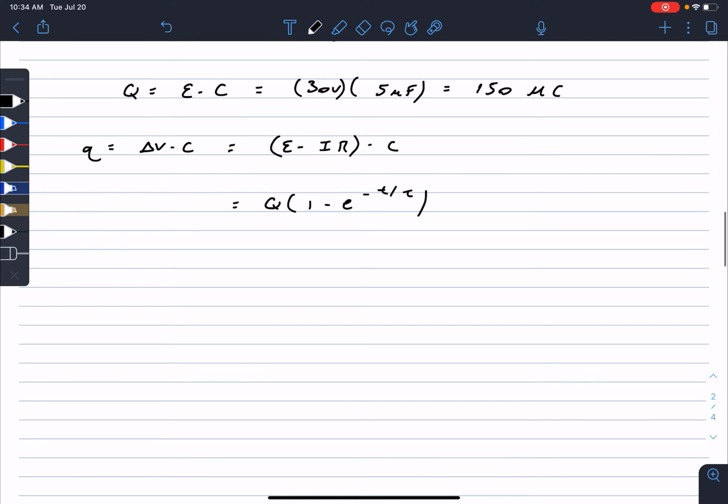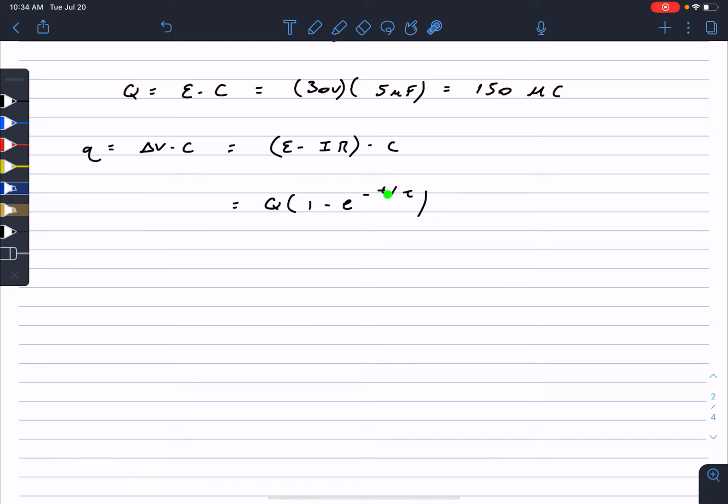And then we can use these to solve for I, because we're going to have a time constant, a period, a Q max, and capacitance, so we should be able to solve for this no problem.